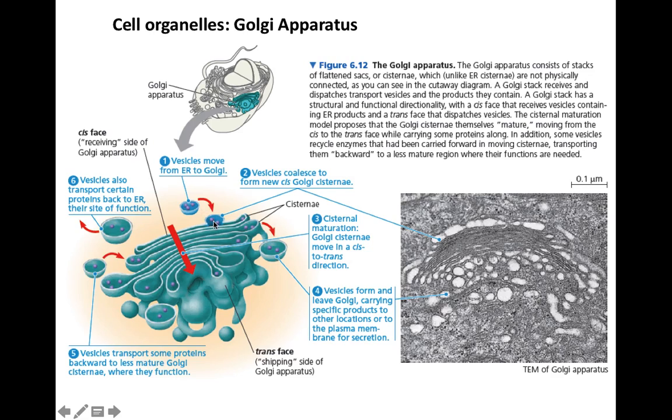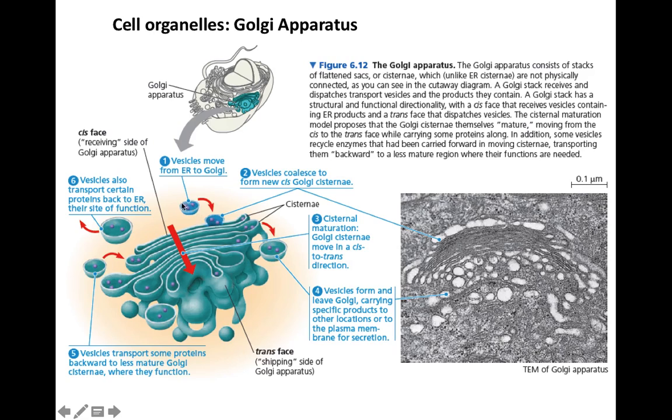But before they enter the Golgi apparatus, these enzymes are tagged with what we call mannose 6-phosphate. These mannose 6-phosphate molecules on these specific enzymes indicate that these enzymes need to go to the lysosomes.